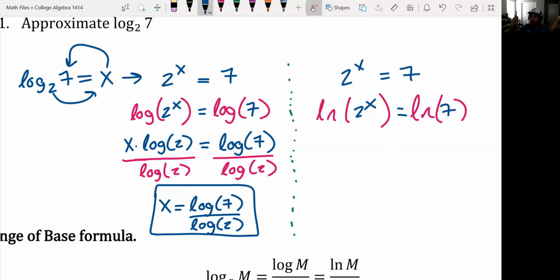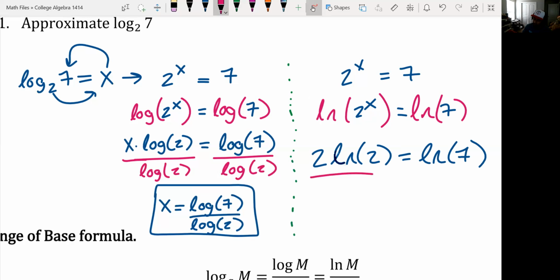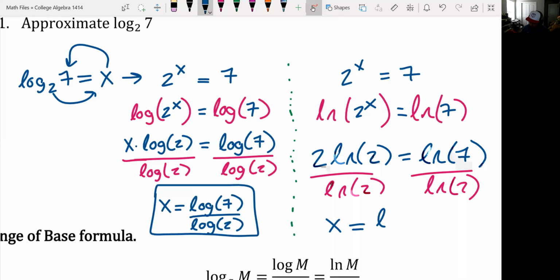And once again, by logarithmic properties, this x will move to the front. And we'll get x times the natural log of 2 equal to the natural log of 7. And all we have to do is divide by the natural log of 2, and we get x equals natural log 7 over natural log 2.